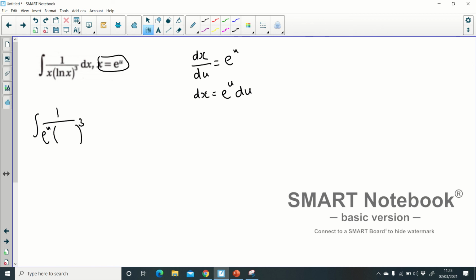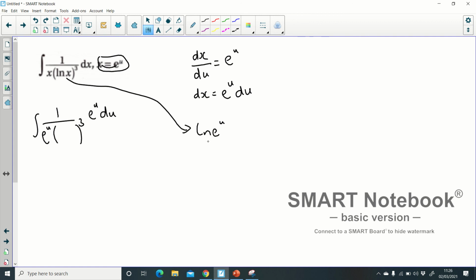I'm just going to put this dx on the end though, that was times e to the u du on the end. Now, ln of x, this thing here. Remember that this is my substitution, so if I'm putting x literally in there, it would be ln of e to the u, which is maybe slightly more complicated to think of.